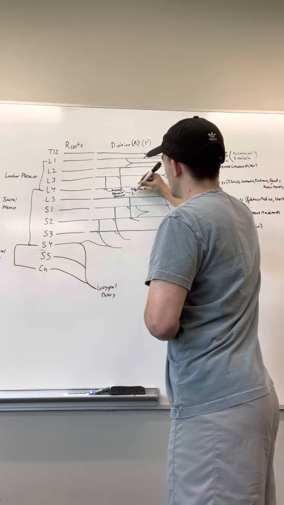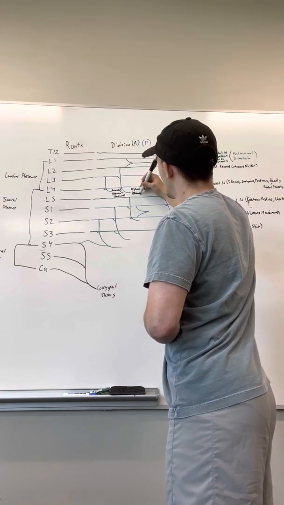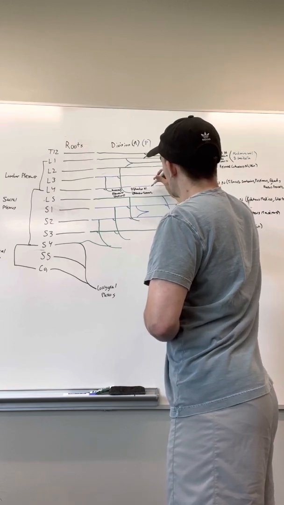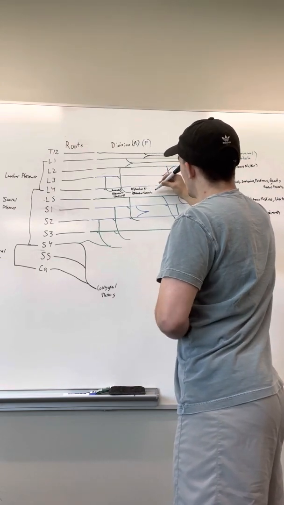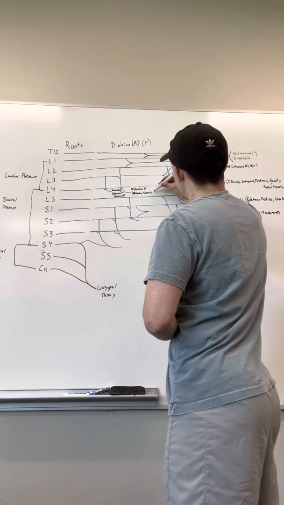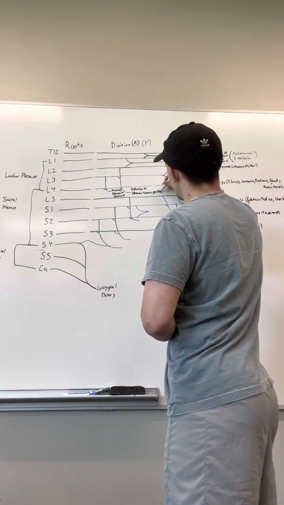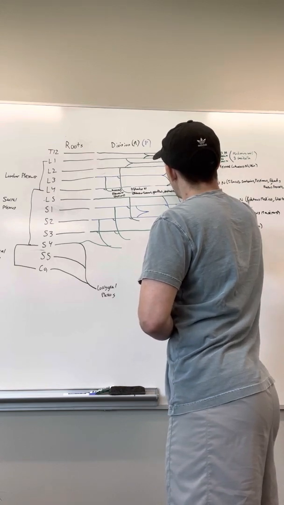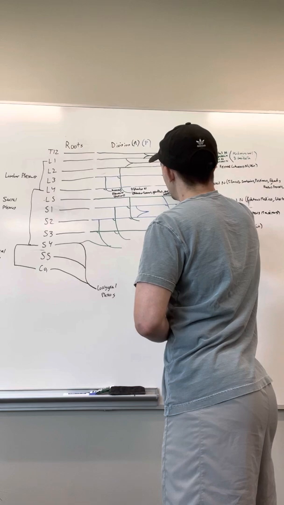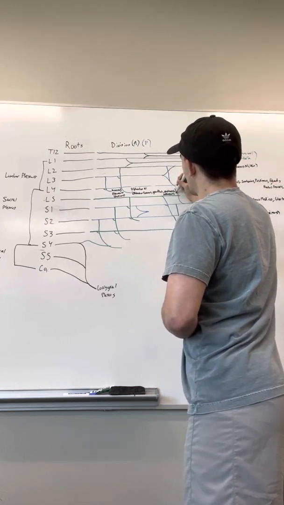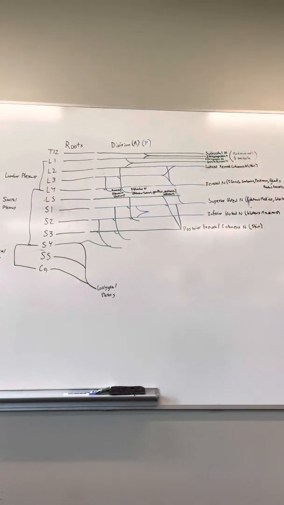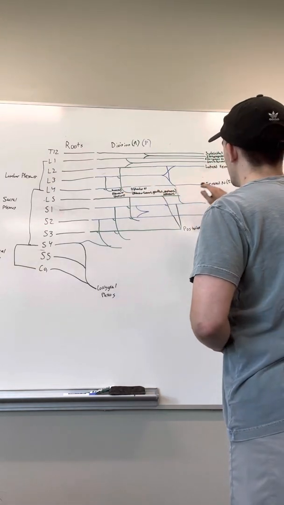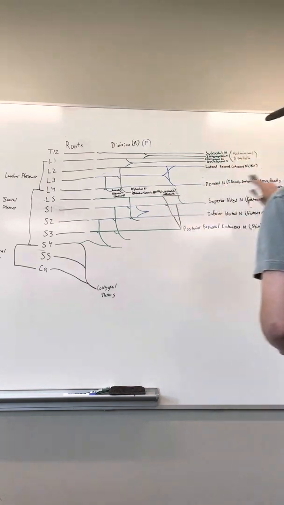This innervates the obturator externus, the gracilis, the pectineus, and the adductors. All the accessory obturator, the obturator nerve, and the femoral nerve, they all innervate the pectineus.